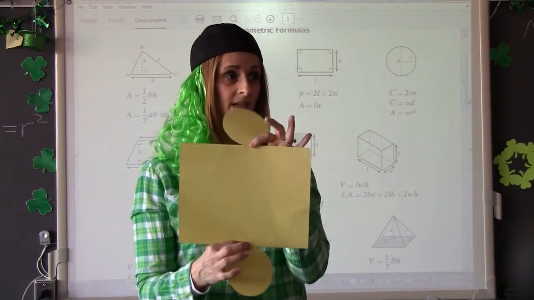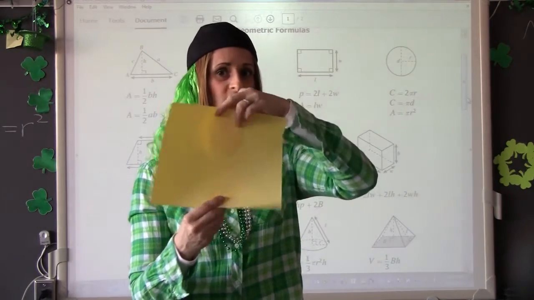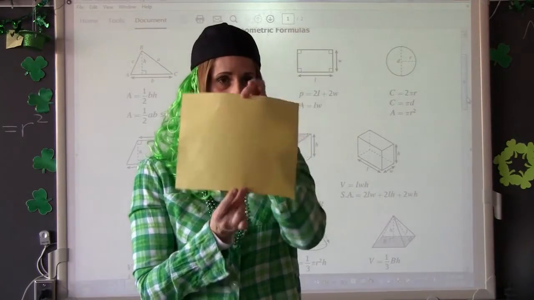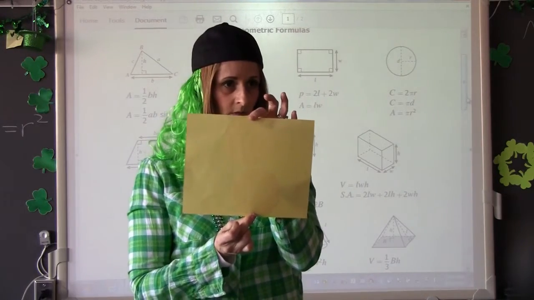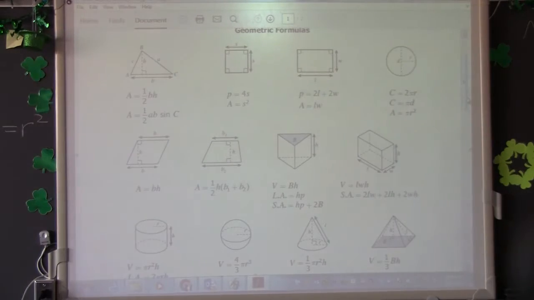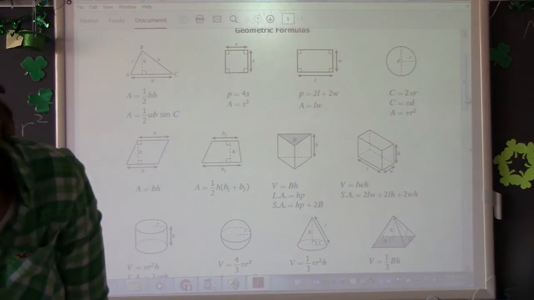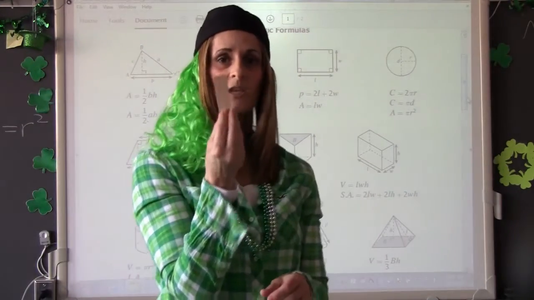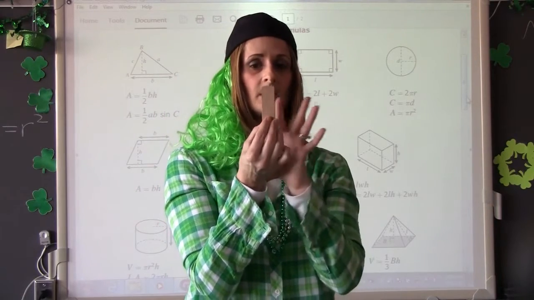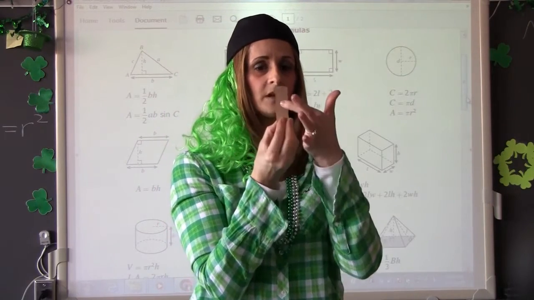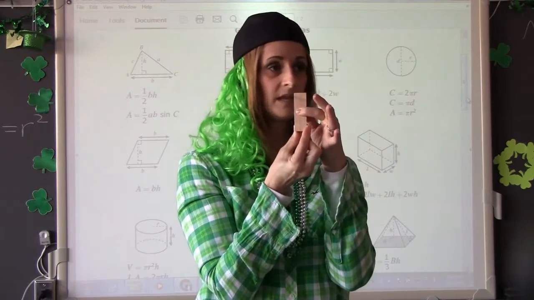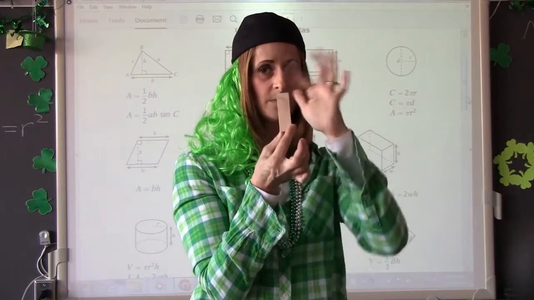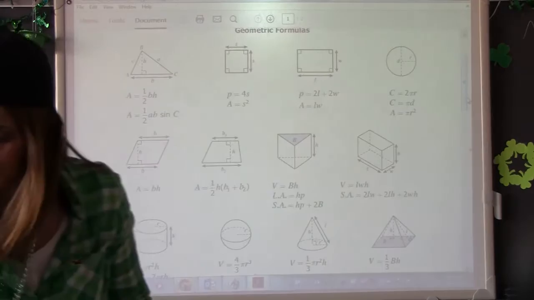If we just needed the lateral area, we would just be finding the area of the rectangle. Let's say you were asked to find the lateral area of this triangular prism. Really, it's just the area of this rectangle, area of this rectangle, area of this rectangle. And that's it, just not including the two triangles, top and bottom.